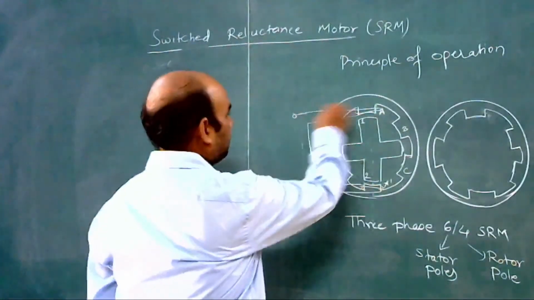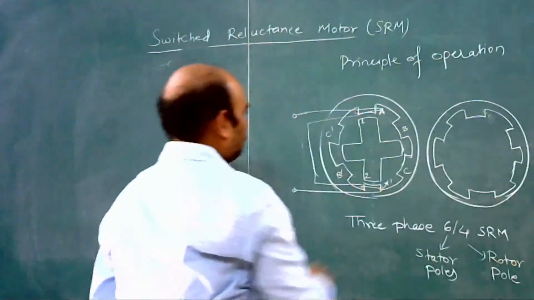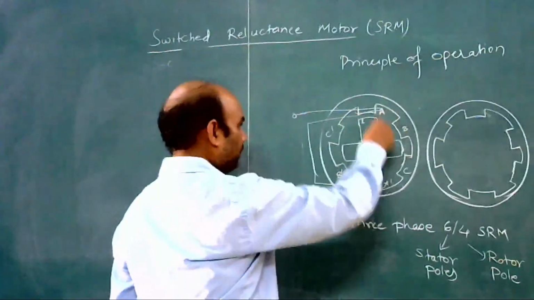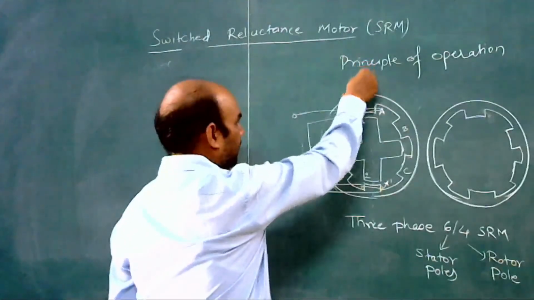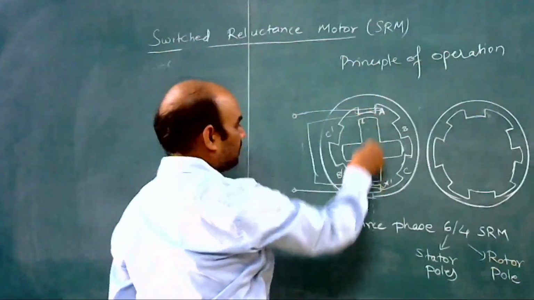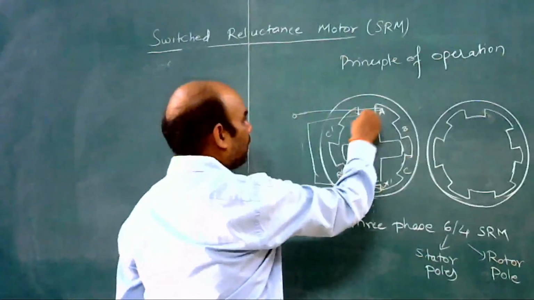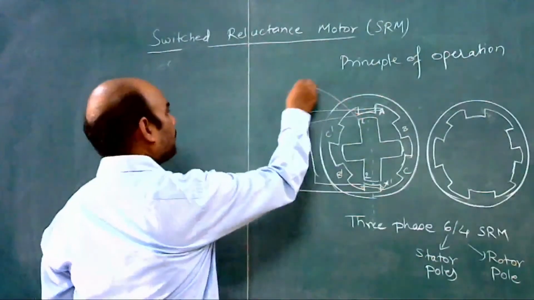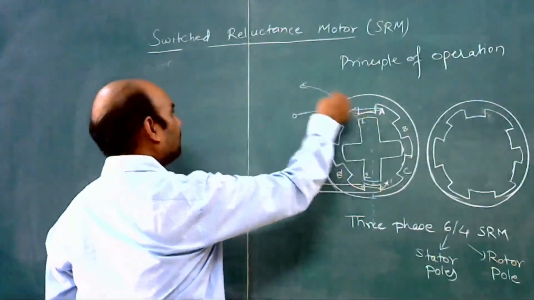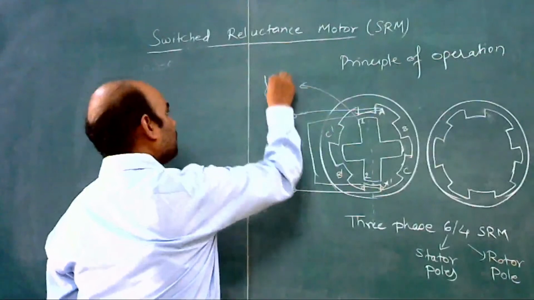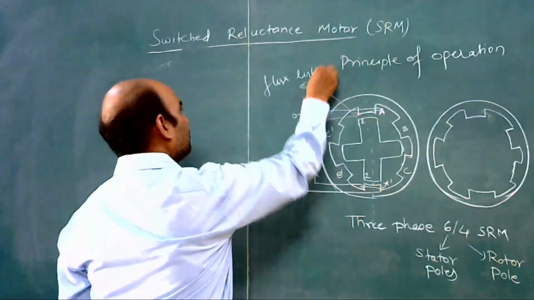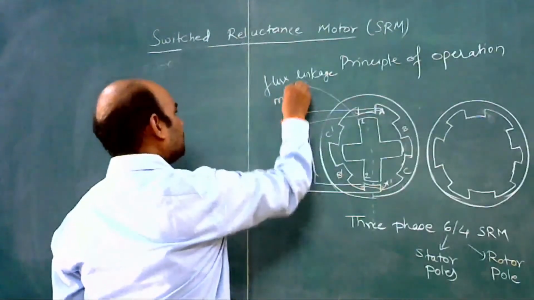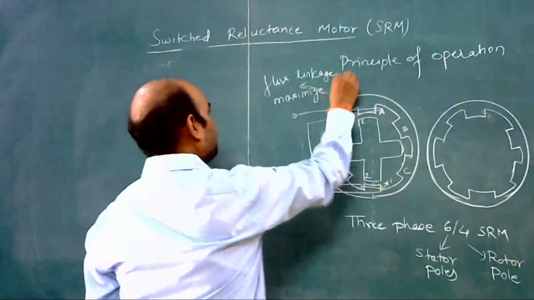When winding A is excited, the rotor will be attracted and will get aligned with this axis, which gives the minimum air gap, so the flux linkage is maximized. The rotor will rotate in such a direction that the flux linkage is maximized with this.